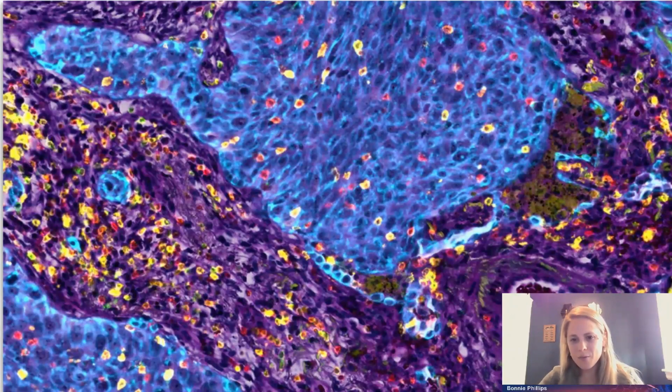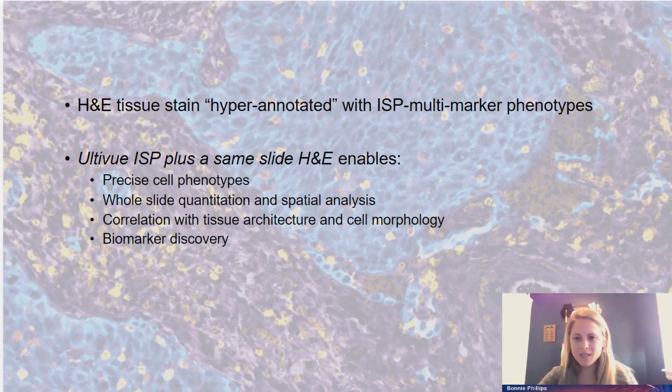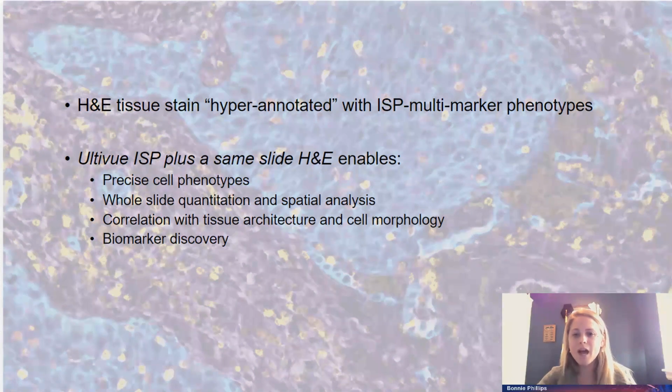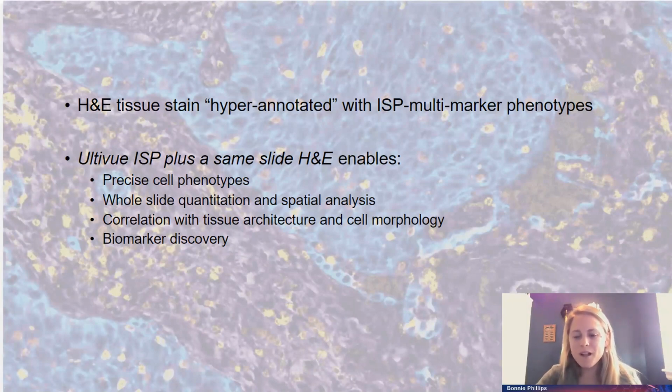So we can see how we have the information where we can visualize the tumor versus stroma, the pathologist annotations, all while having our fluorescent data. So this allows us to have more of a hyper-annotated multi-marker phenotype where we can visualize that cell morphology.